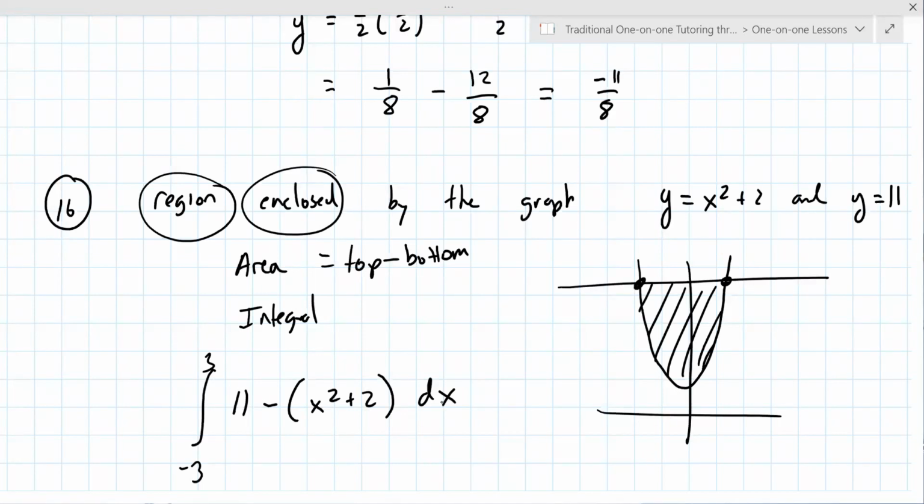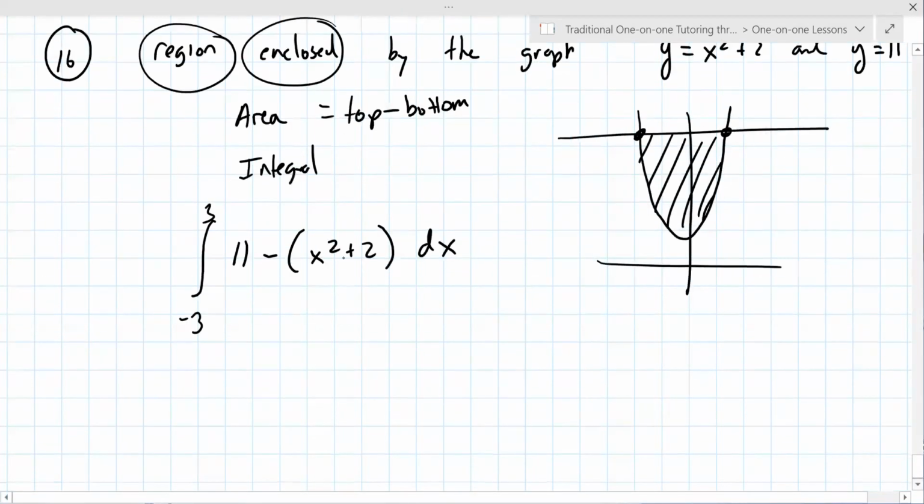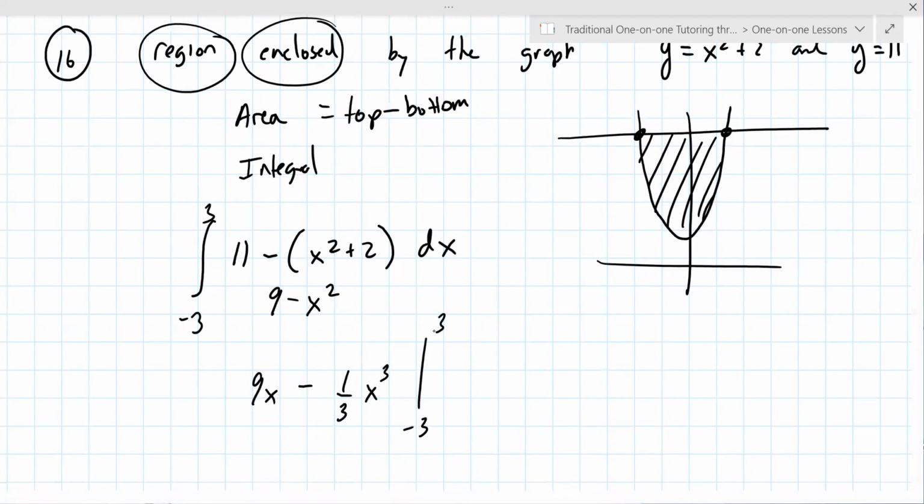So you do the antiderivative of that. I'd clean this up a little bit and write it as 9 minus x squared, and then do the antiderivative. So that's 9x minus x cubed over 3 from -3 to 3.